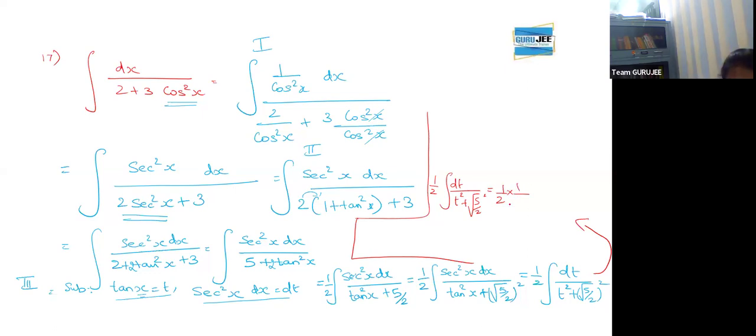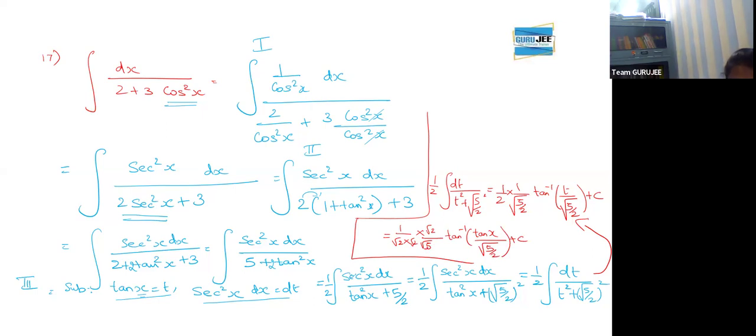So 1 by root of 5 by 2 tan inverse of t by root of 5 by 2 plus c, which again can be written as 1 by root 2 into root 2 by root 5 tan inverse of tan x divided by root 5 by 2 plus c.